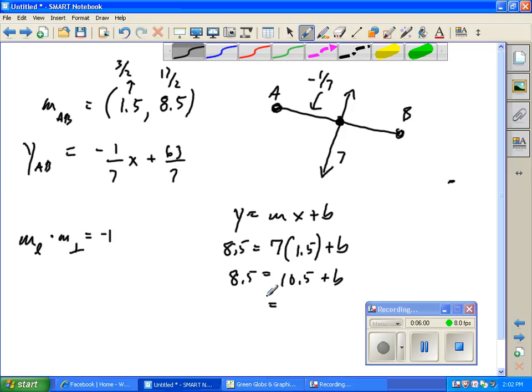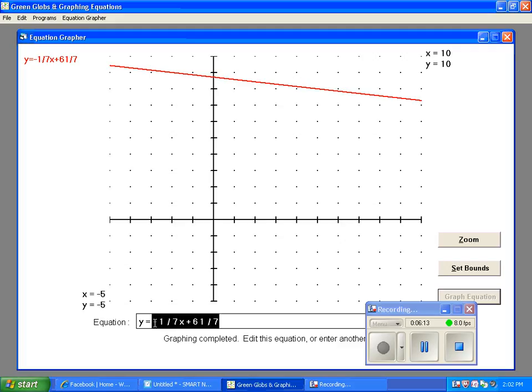So I'm going to subtract 10 halves from each side. I'll get negative 2 is b. Therefore, y equals 7x minus 2. And that should be perpendicular to this line when I graph it. Let's check it. Boom. 7x minus 2.